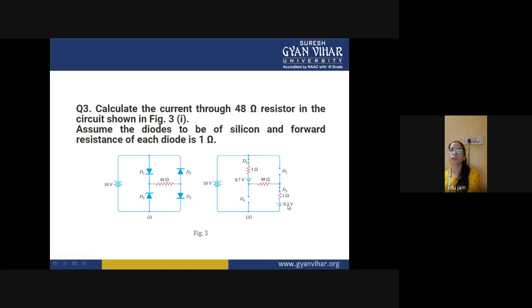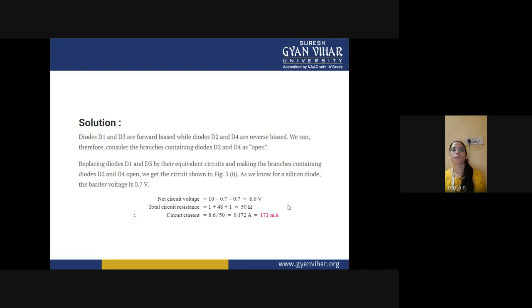Now what do you have to calculate? Calculate the current which is flowing through the 48 ohm resistance. So let's start with the solution. Diodes D1 and D3 are forward biased while diodes D2 and D4 are reverse biased. So we can therefore consider the branches containing diodes D2 and D4 as open.